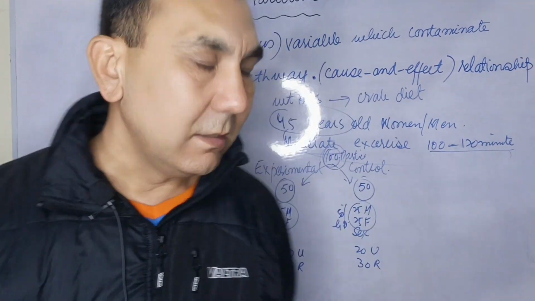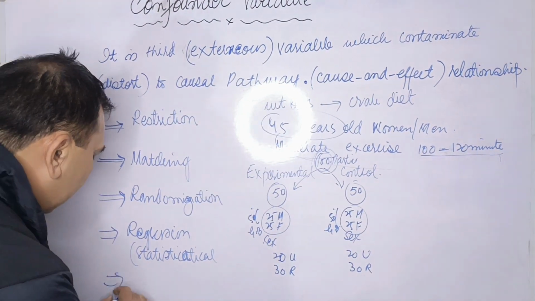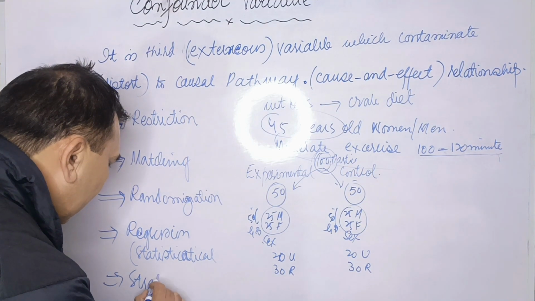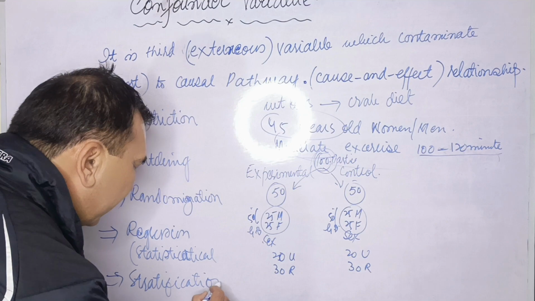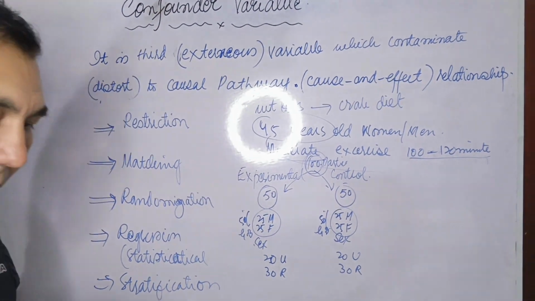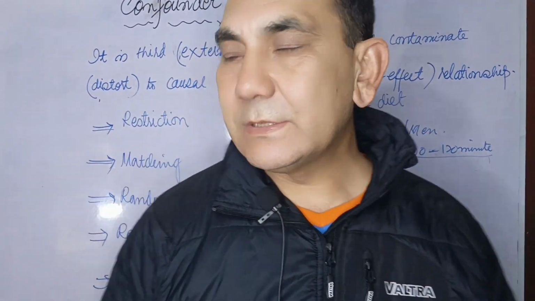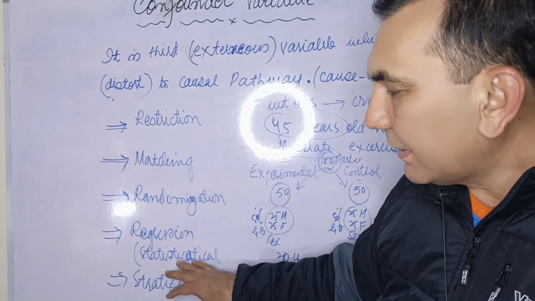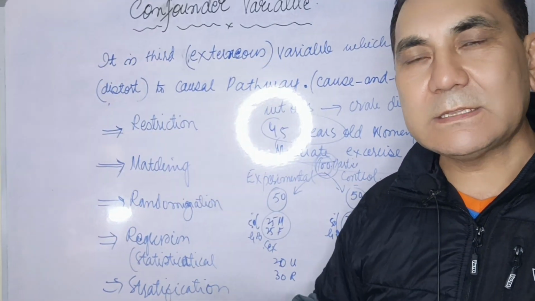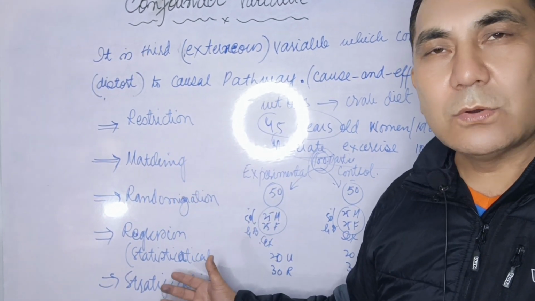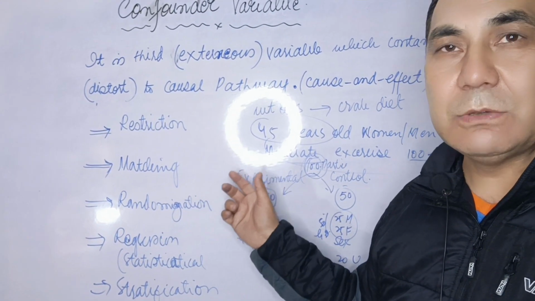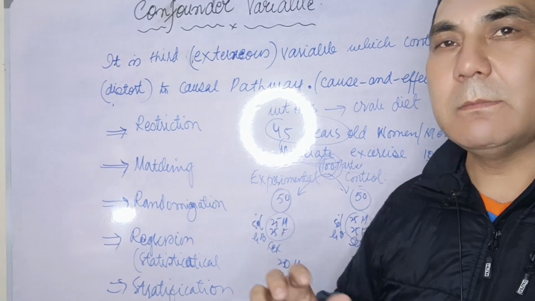And another method is stratification, or you can say stratify. We will stratify the result. If the confounder is present between male and female sex, then we stratify the crude relationship between the independent variable and the dependent variable with the strata.